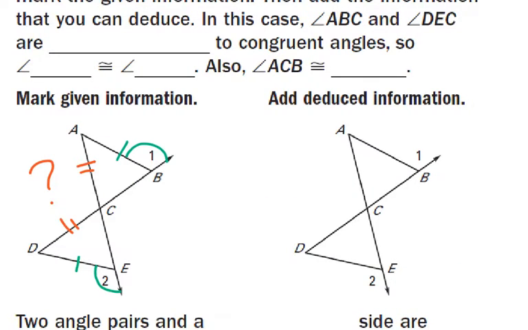In this case, angle ABC and angle DEC, and if you look at those on the picture, here's angle ABC, here's angle DEC. They are supplementary to congruent angles, so we can say that angle ABC is congruent to angle DEC.